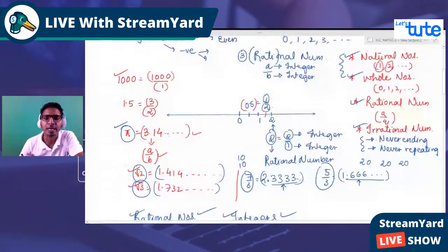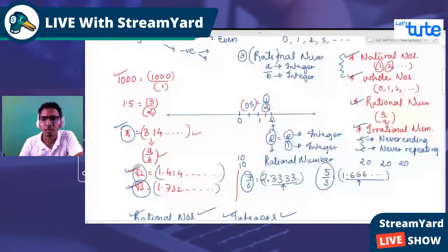Similarly we saw root 2 and root 3. The numbers which we get are non-repeating. But we have also seen some decimal numbers which are never ending but repeating. So we understand that both conditions, never ending and never repeating, need to be considered for irrational numbers, correct?